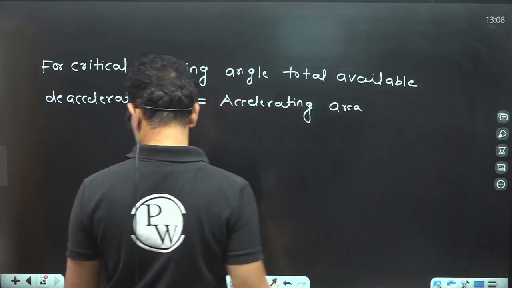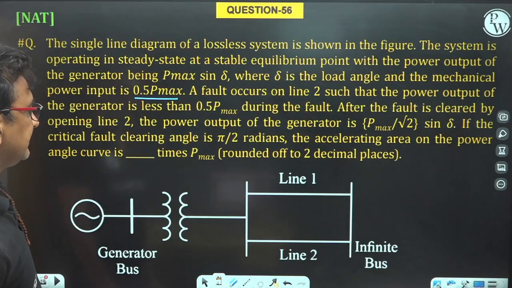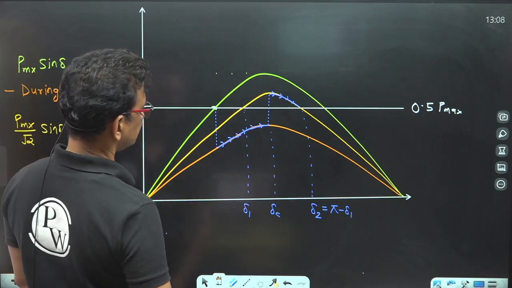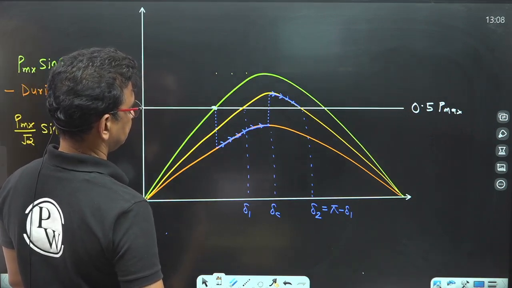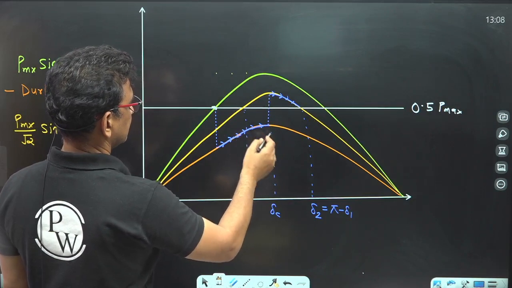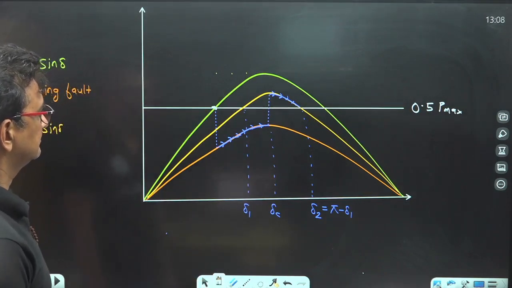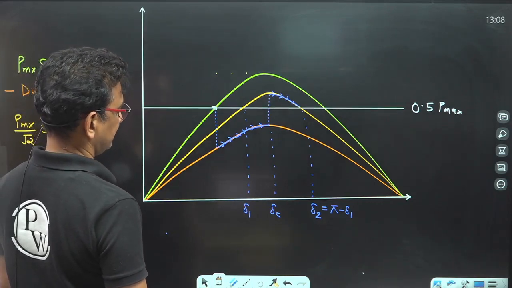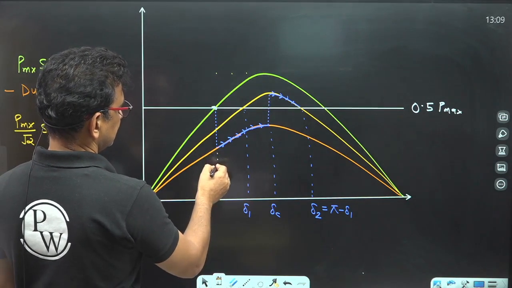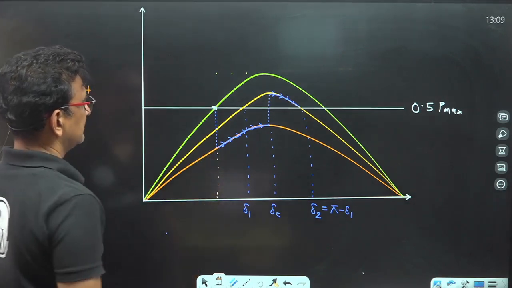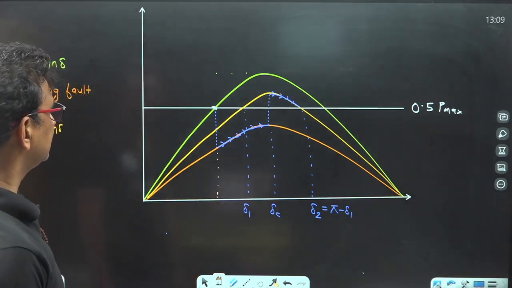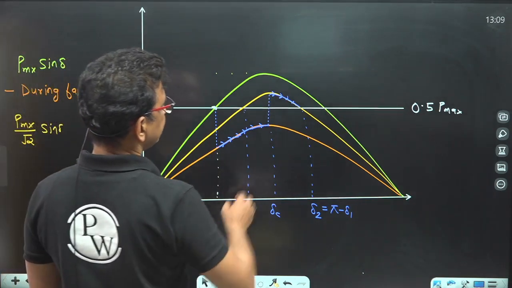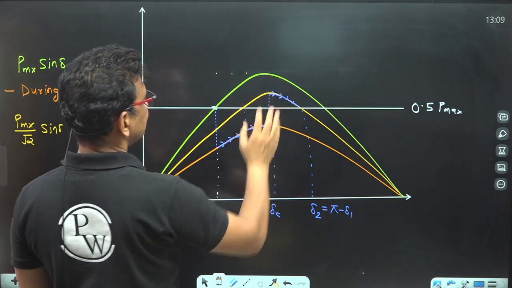Now we have to find the accelerating area. We cannot find the accelerating area directly because this angle we do not know. But we know the decelerating area, so we can find the accelerating area, which is equivalent to the decelerating area.